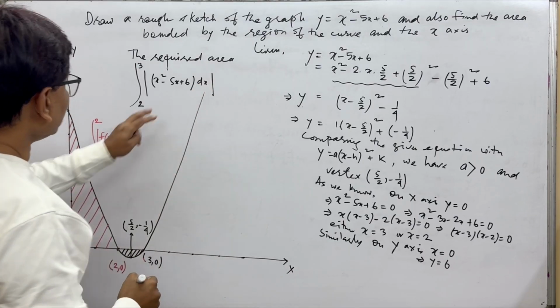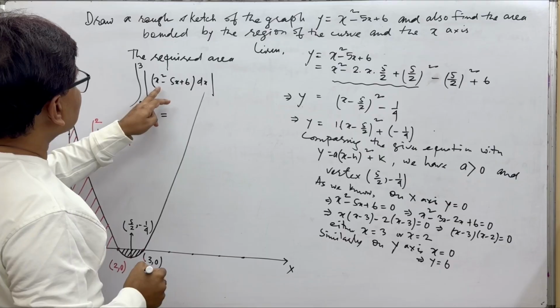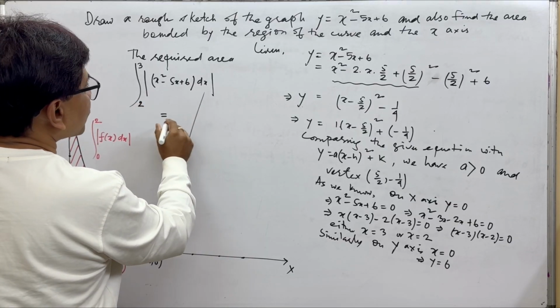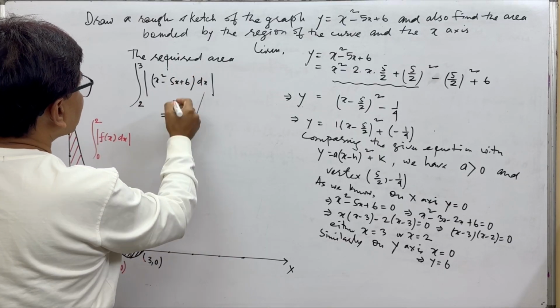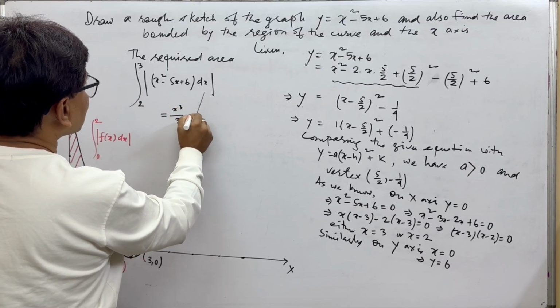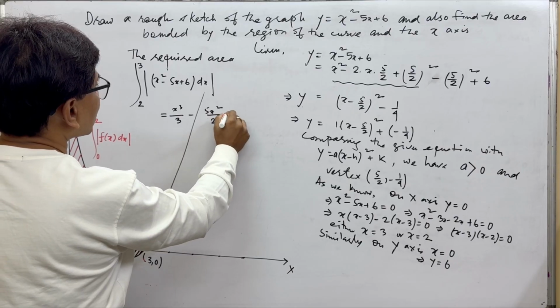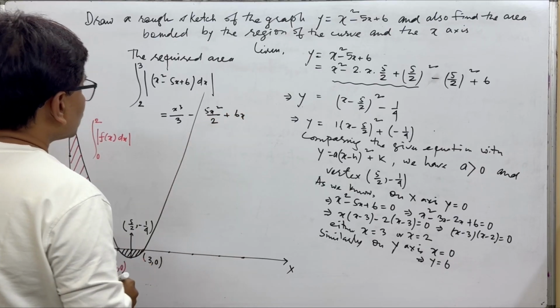To find it, the integration of x square is x cube by 3 minus 5x square by 2 plus 6x.